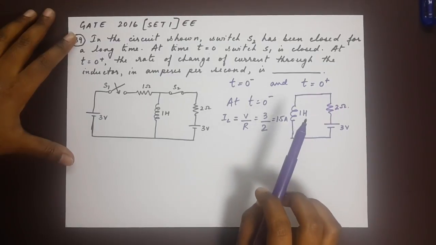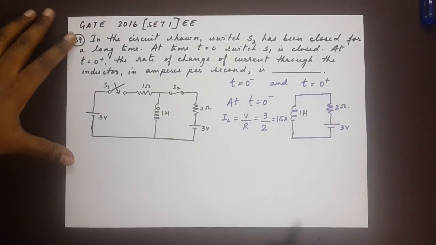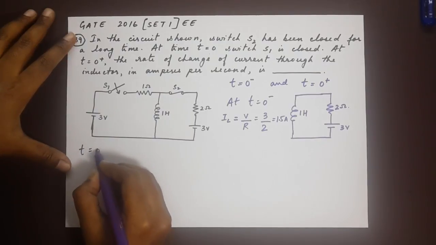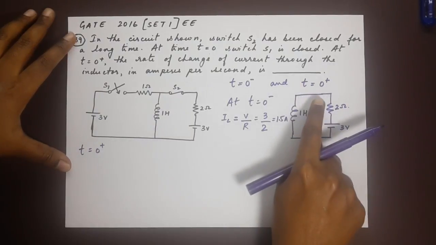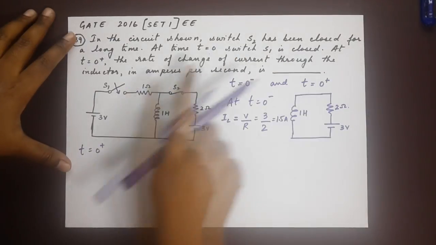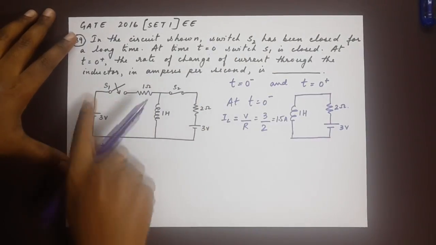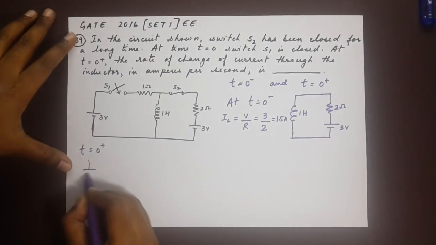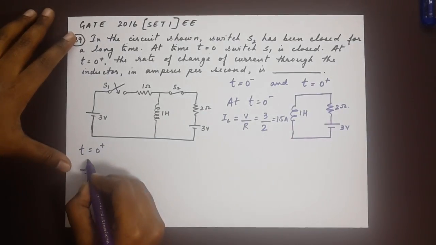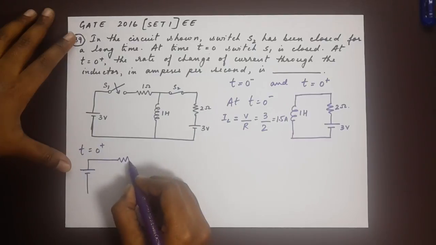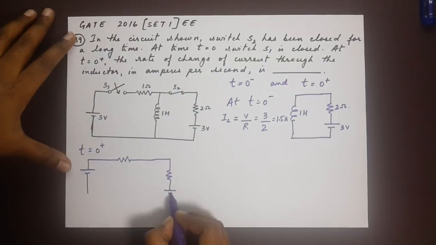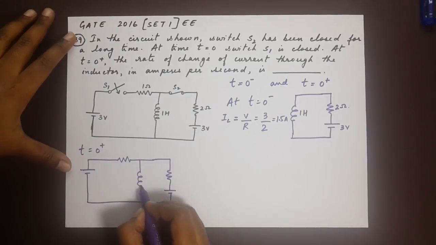Now the next thing we have to do is find out at t is equal to 0 plus. Let's evaluate. I'll write this over here. T is equal to 0 plus. Now at t is equal to 0 plus, the switch S1 is closed. Now when switch S1 is closed, we have the entire circuit to consider. So we now have the inductor here.